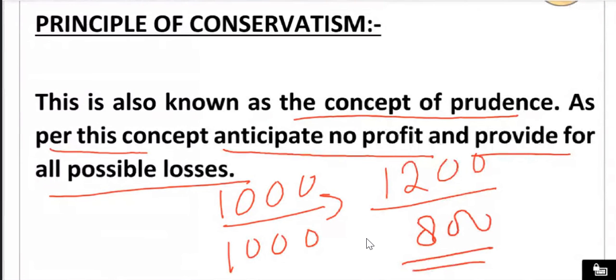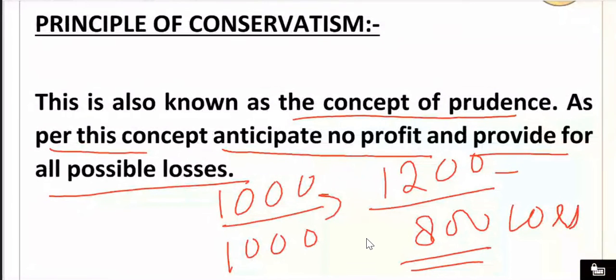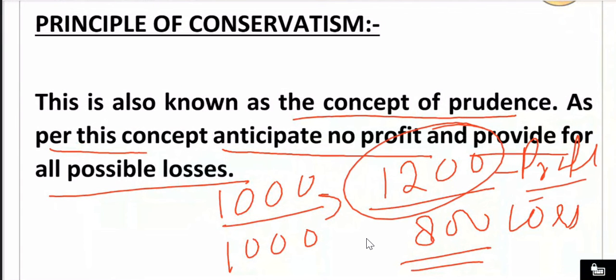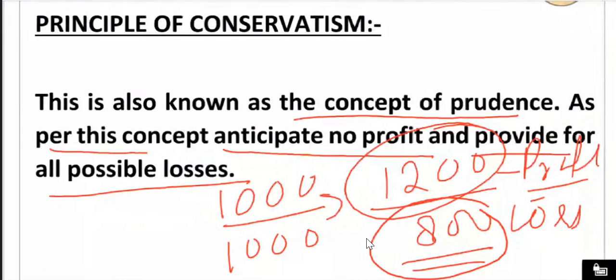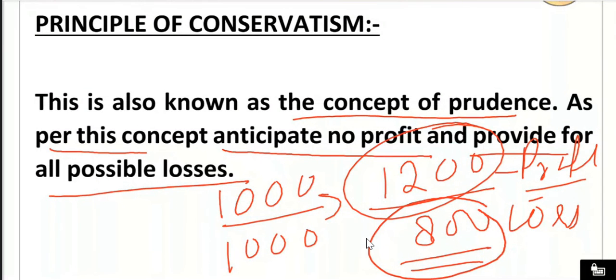So in the second you are going to incur a loss, while in the first you are going to have a profit. Whatever loss is there, you must record in the books of account, but whatever profit you are going to make in future, you will not record in the books of account. This is called the principle of conservatism.